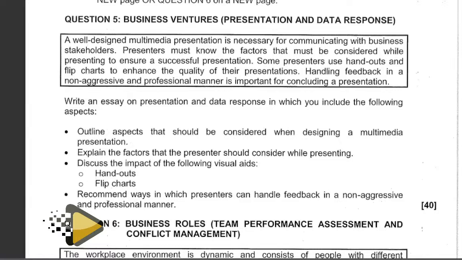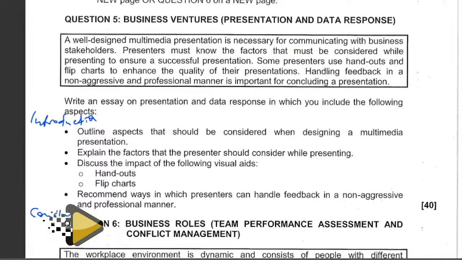So grade 12, if you still remember, I always tell you that whenever you are dealing with the essay under business studies, these four bullets are the ones that form the body part of your essay. You must only introduce your concept, meaning you are going to have an introduction and also a conclusion.